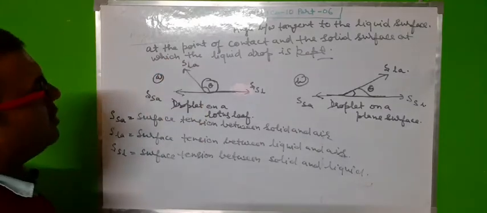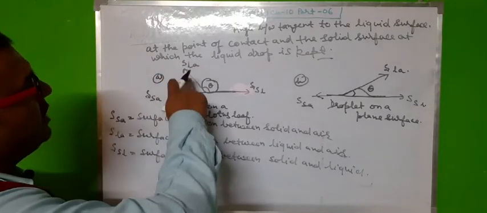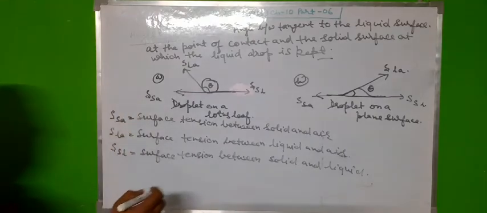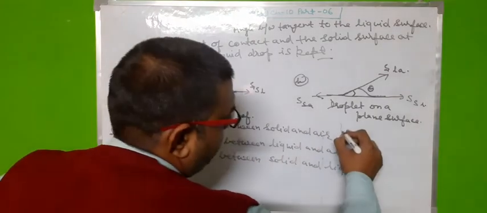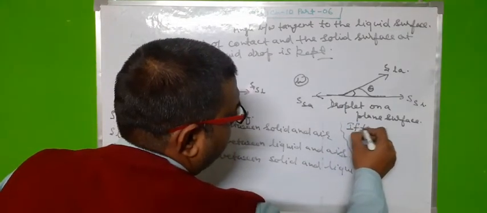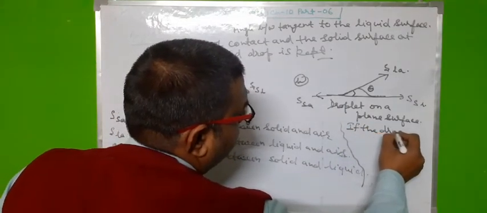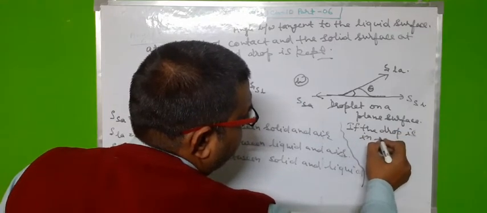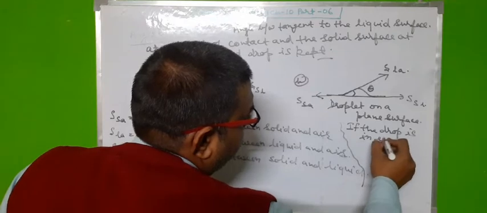So here, look at this, this is angle theta, and the liquid drop is in equilibrium.